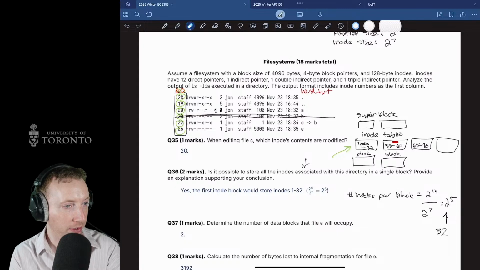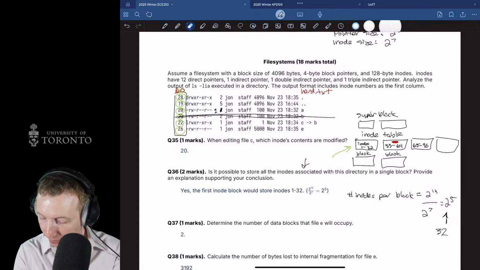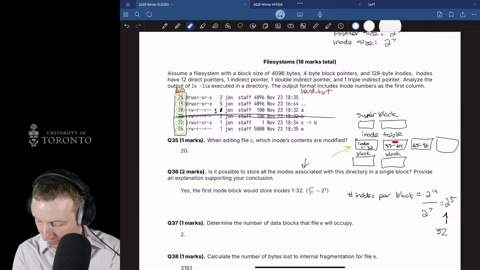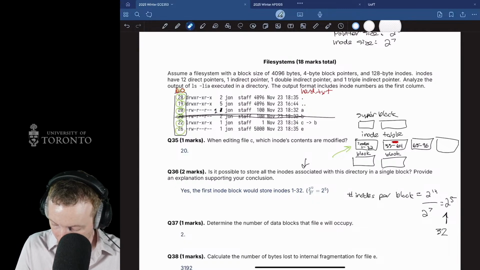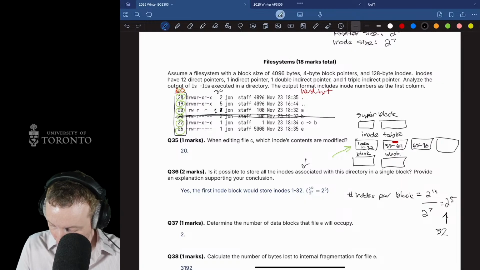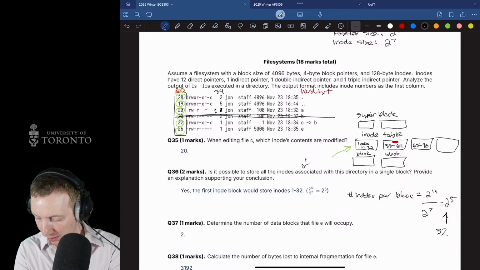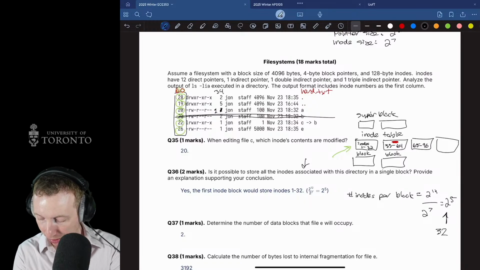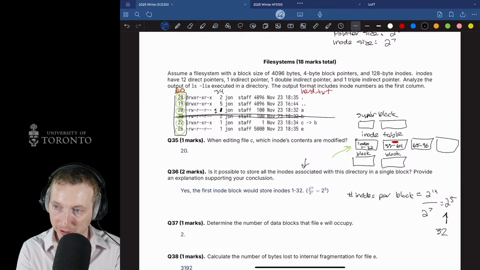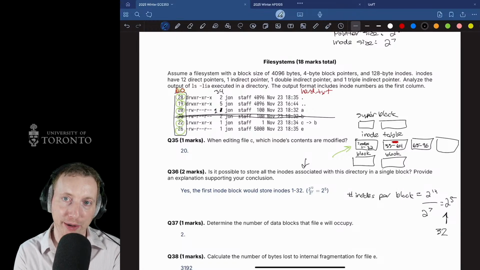So if I wanted to be tricky, say we had entry 34. I guess they could all technically be on the same block, like they're all in a row, but it would start at inode 1, right?